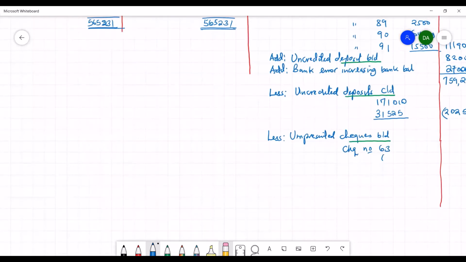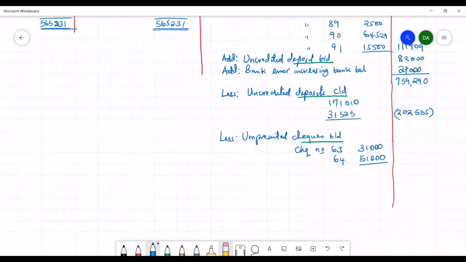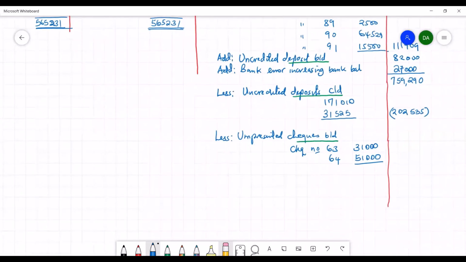Check number 63 is 31,000. Check number 64 is 51,000. So we add the two, and we're going to have a total of 82,000. This is also a negative, or we subtract that.